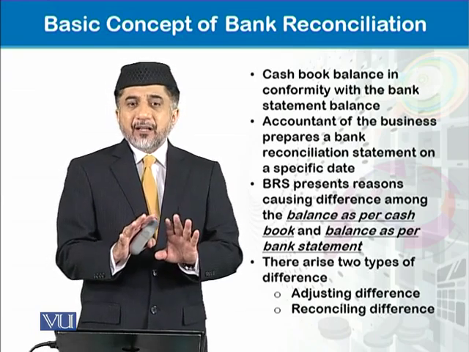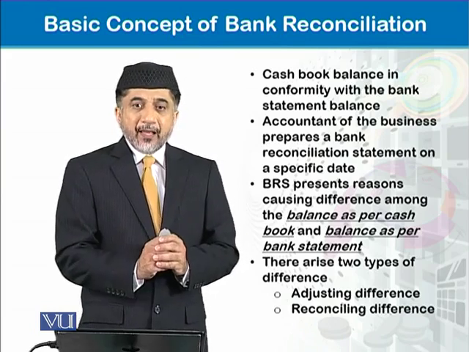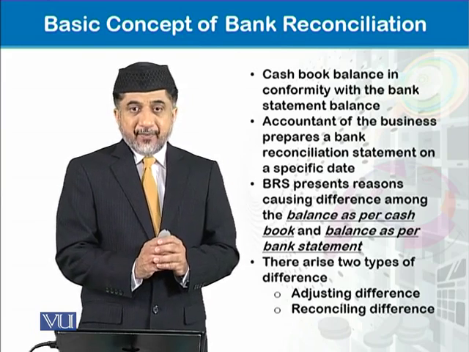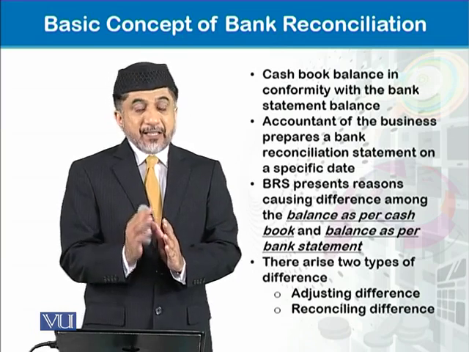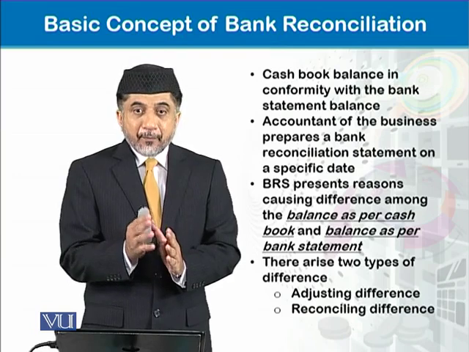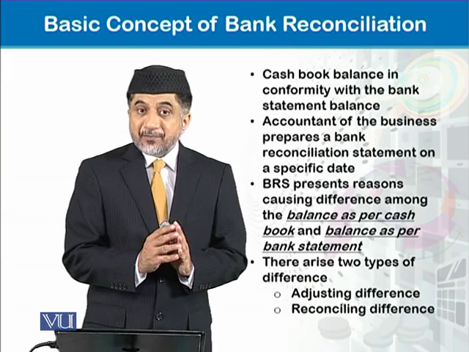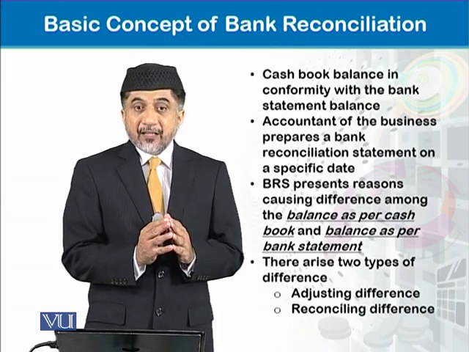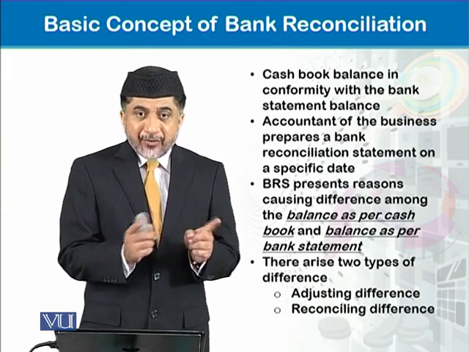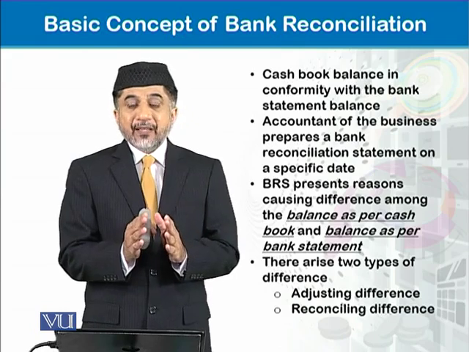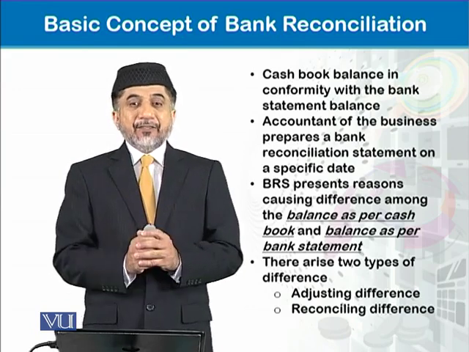So after having done with those adjusting differences, even then the balance of the cash book which has been adjusted would not be equal to the balance as per bank statement which is provided by the bank to the accountant. So for that reason, there are few different reasons of difference which in fact are known as reconciling differences.